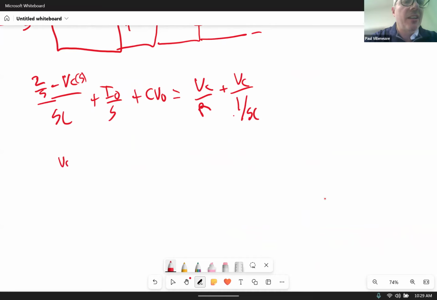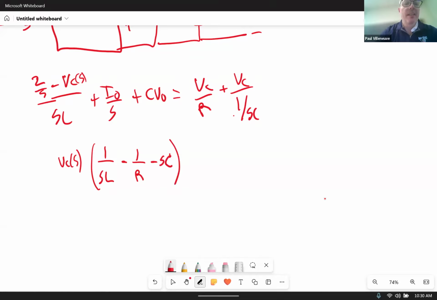So this is VC of S times 1 over SL. That's the first one. Minus 1 over R minus S times C, plus I over S plus C V out. And then I have to have that one over there.